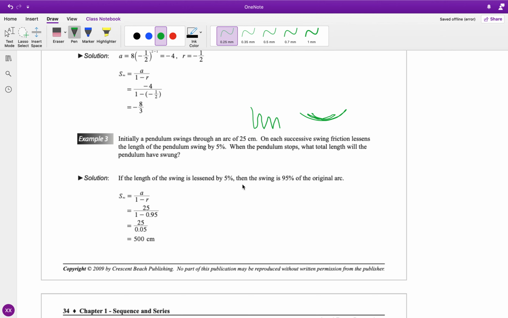So what happens here is that each swing will lose 5%, right? If you lose 5%, that means my second swing divided by my first swing is basically 95%.